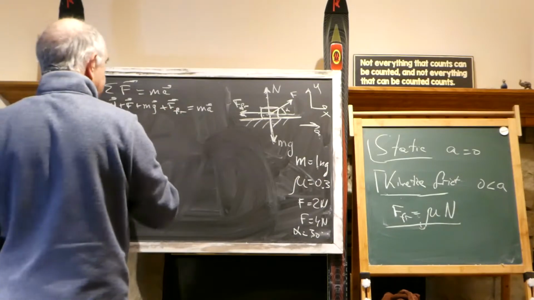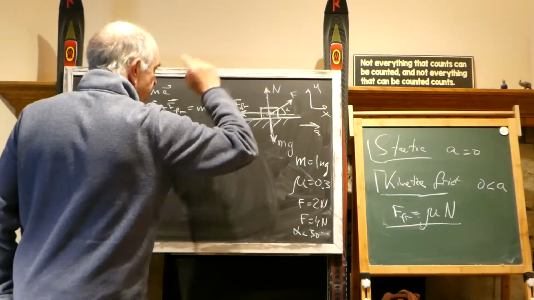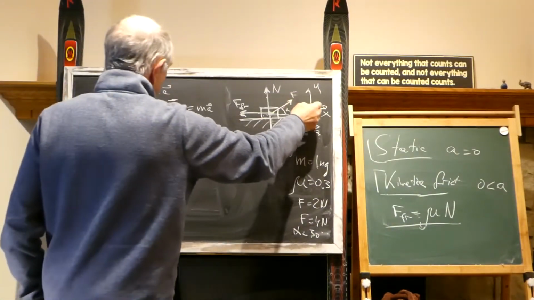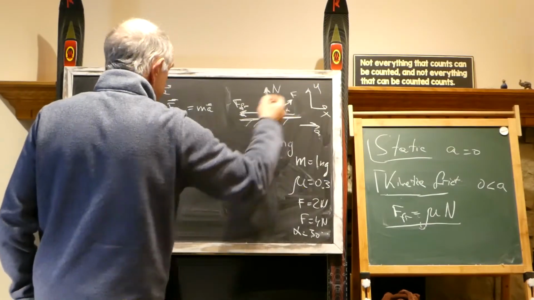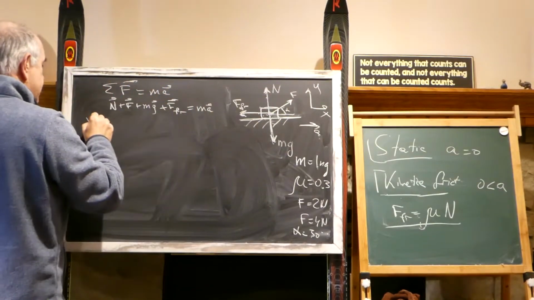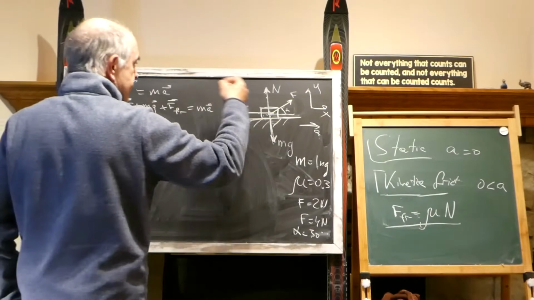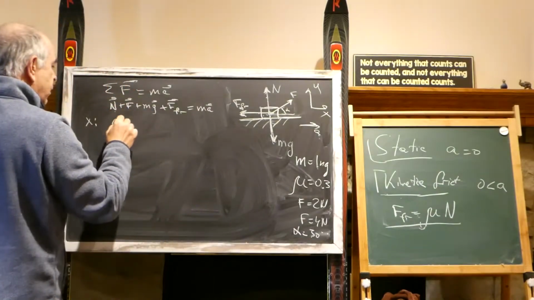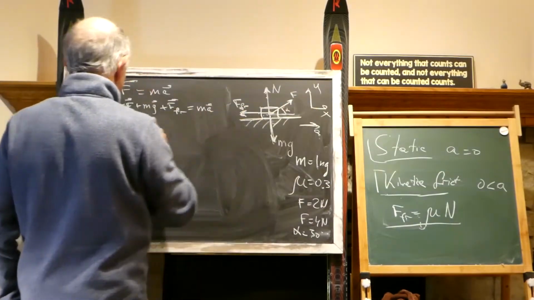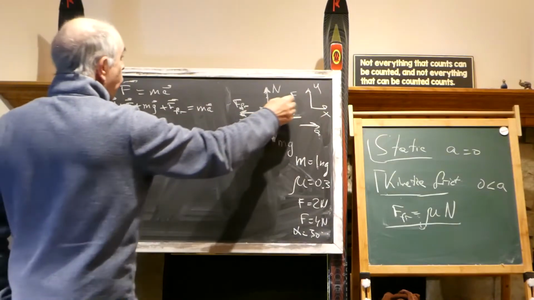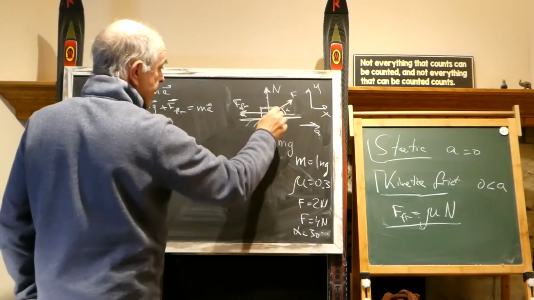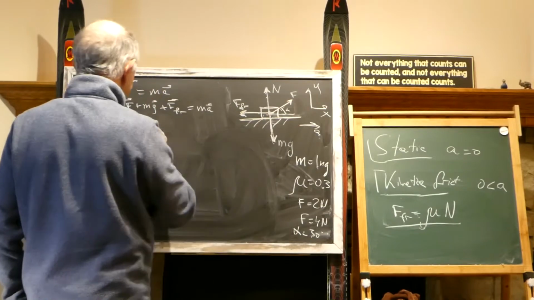And this vector equation is always x and y, and we can point them any way, but of course it's only natural to point them this way, because then a lot of things will disappear. No N in this direction. All F exists in this direction. This is F and this is alpha.